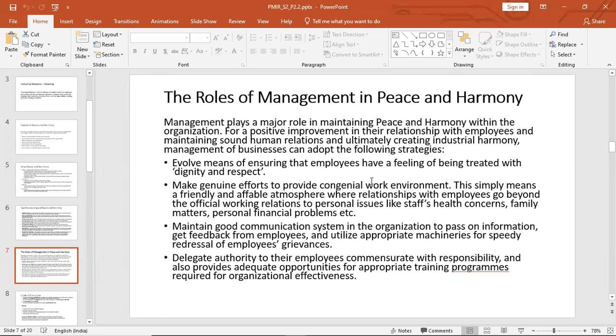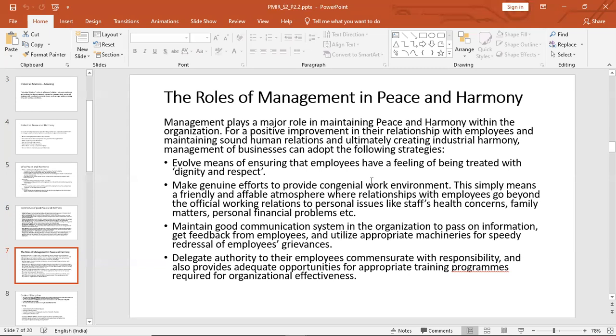What will management do in peace and harmony? What is the role of management? Management has certain roles when you have good relations within the organization. The management's role is to treat the employees equally. That was the first point.